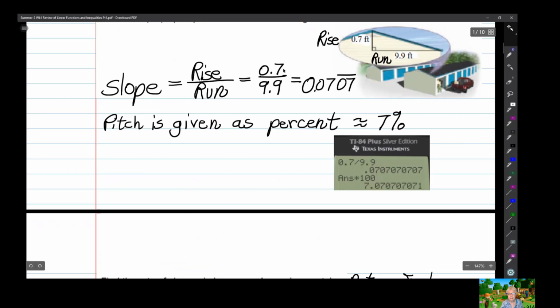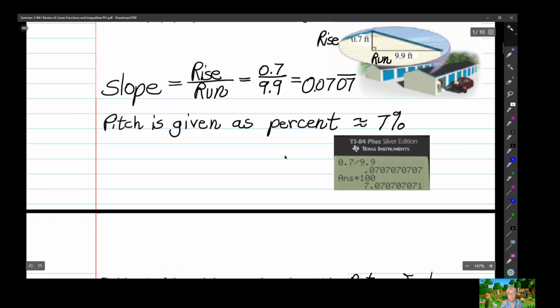I divide 0.7 by 9.9, and I get this run-on repeating decimal, 0.0707070707. The way I show that is to put a straight line over the 0.7.